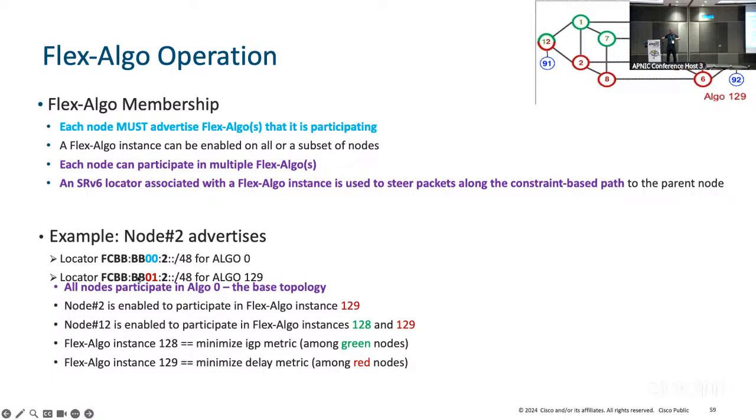This will help them create a subdomain. That's why we have a subdomain topology, right? Because in these Flex Algos, they only include sub-topology nodes. And when you do the path calculation, it will be much more efficient.